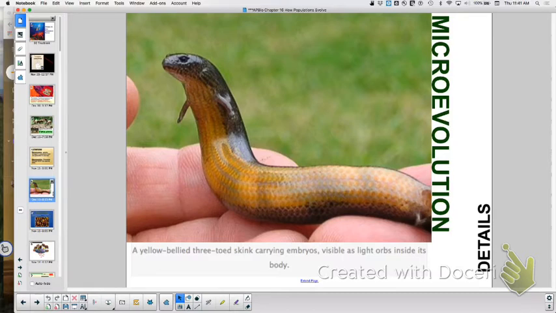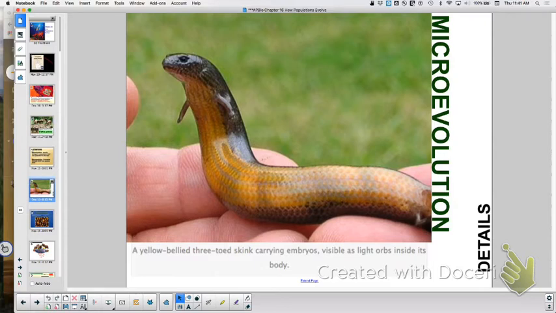If you had a mutation where you kept the eggs in a little bit longer than one who laid eggs right away as soon as they were formed, you were more likely to survive and reproduce. Now, currently, those yellow-bellied three-toed skinks that keep their eggs inside are still mating with yellow-bellied three-toed skinks who lay eggs.